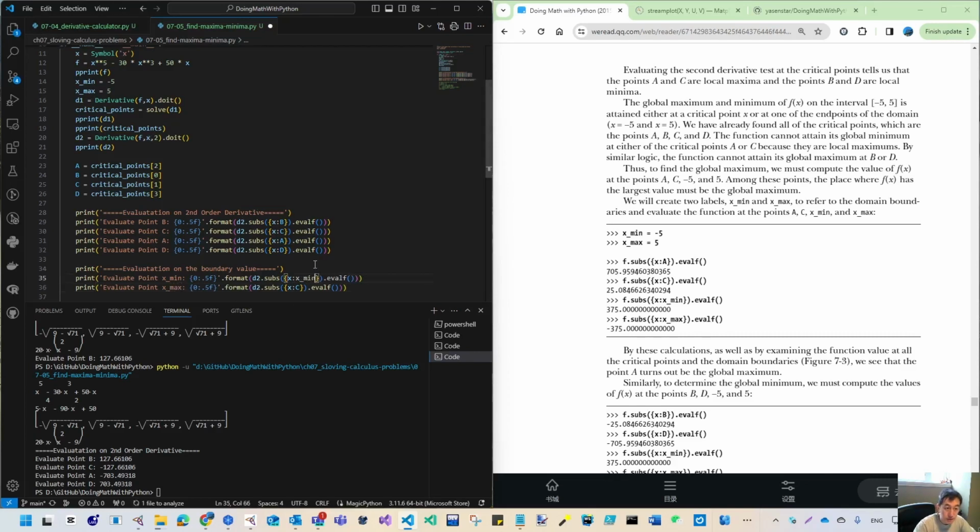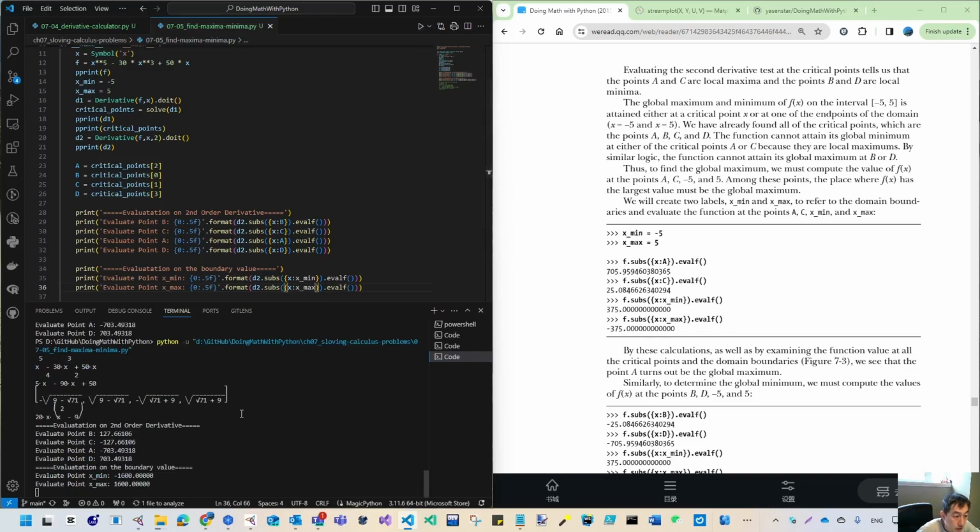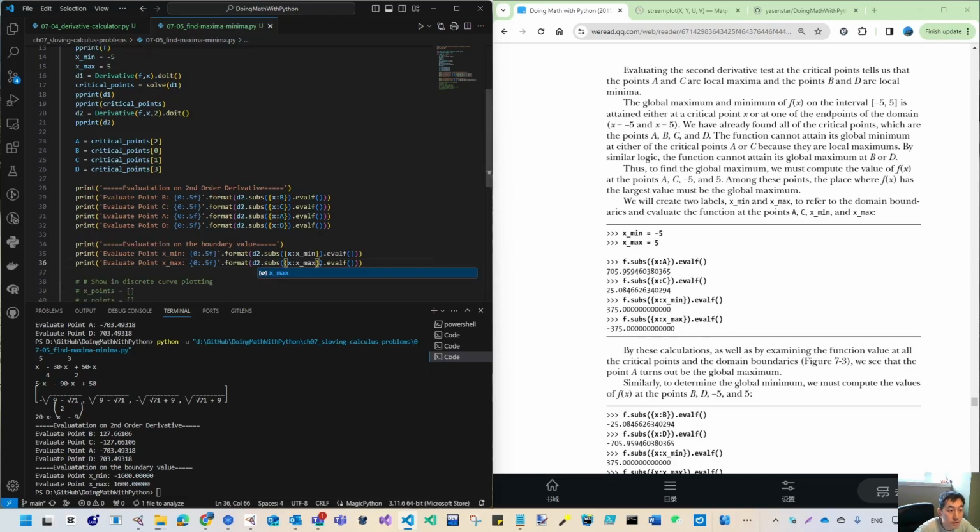So x minimum, x maximum, the same using the evaluate function. So now we have another number. Its x minimum should be -5 and +5. So let's see.